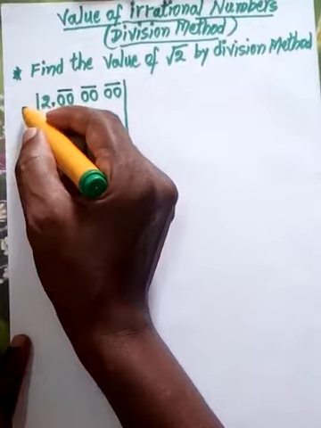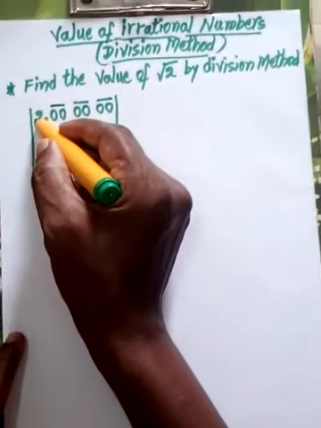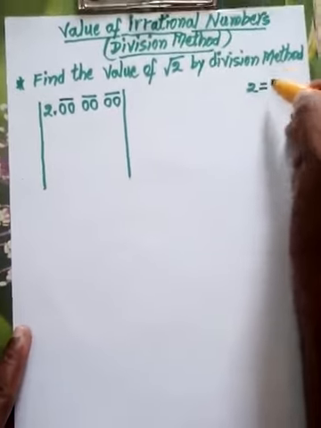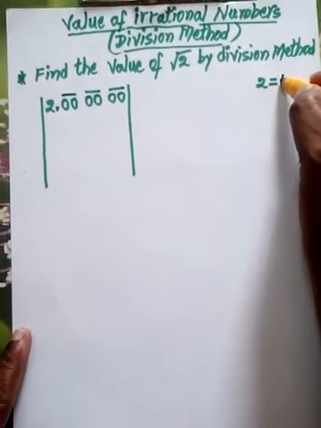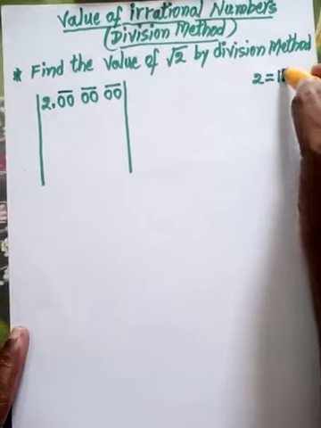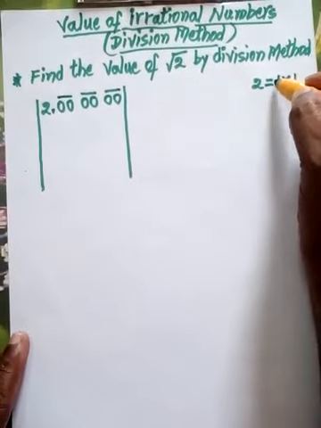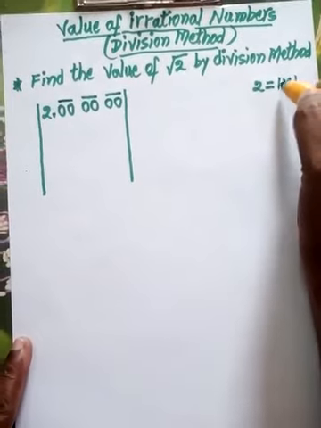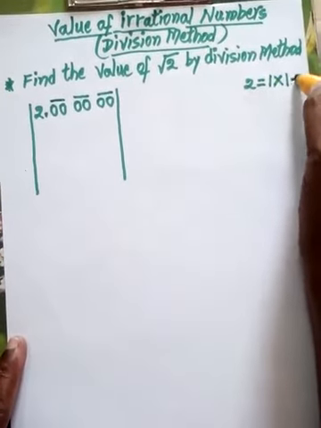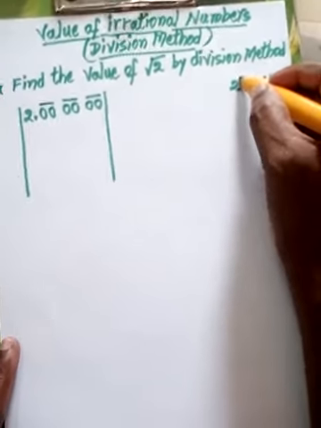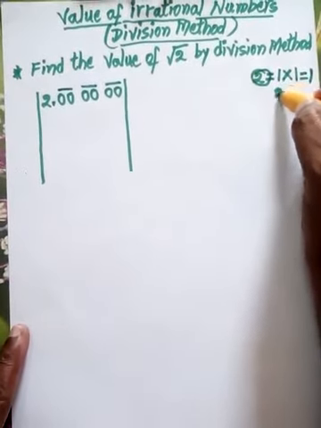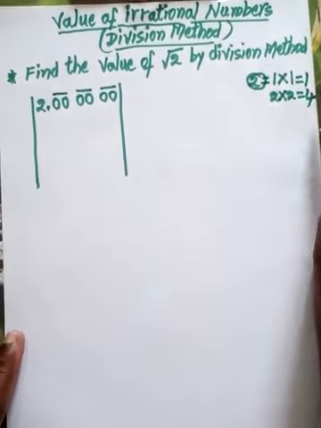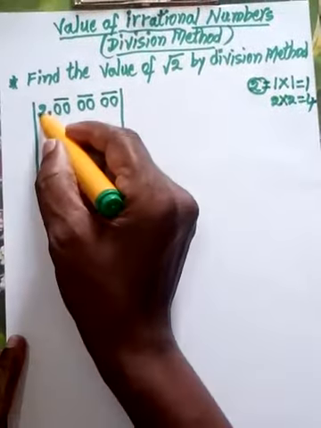Then after that we have to take 2 first. So we have to take the tables such that if we take one table we multiply it with the same number 1, and 1 ones is 1, which is not more than 2. Again, 2 2s are 4, which is greater than 2.